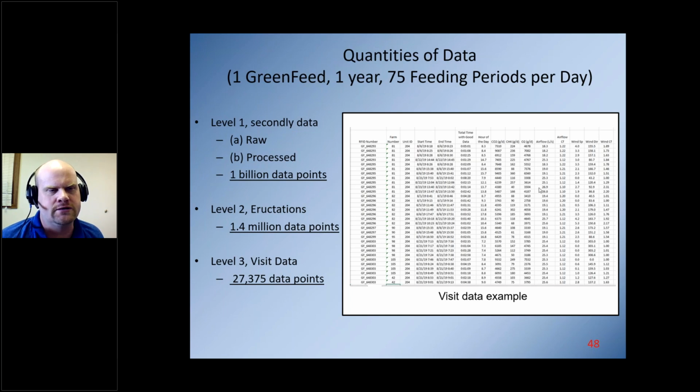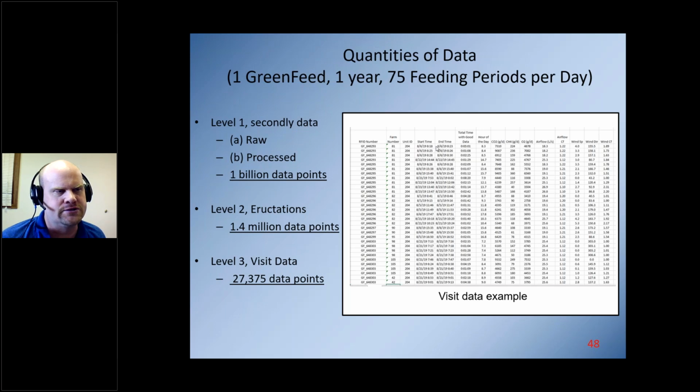For those of you that haven't used GreenFeed before, or been able to analyze the data, the raw data that researchers usually start using is called visit data. The output includes the RFID number, farm number, the unit that it was measured with, a start time of the visit, the end time, and the emissions rates at that hour of the day for that animal for that specific visit.